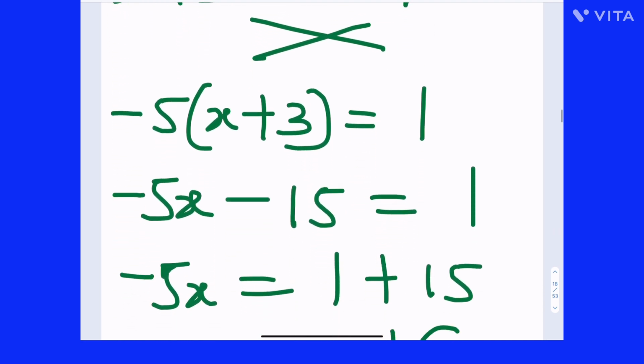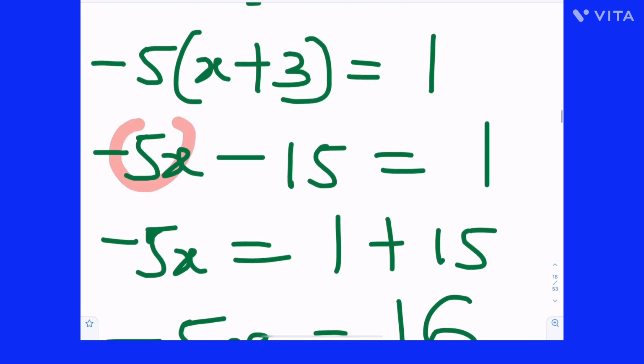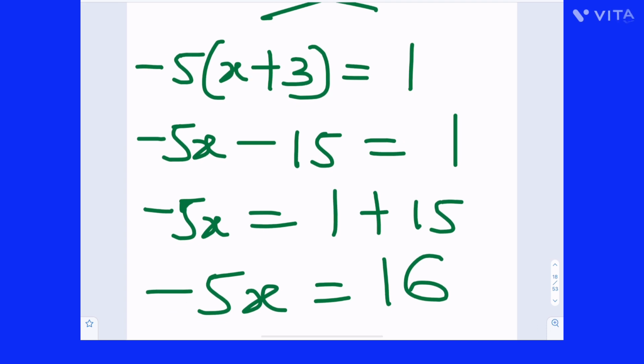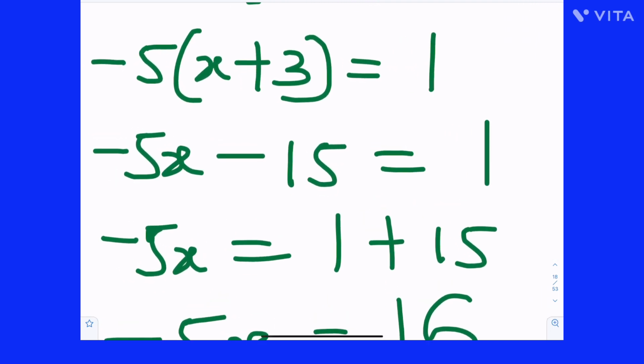So minus 5 times x, that's minus 5x. Expanding bracket, minus 5 times x will give me minus 5x here. Then minus 5 times plus 3 will give me minus 15.